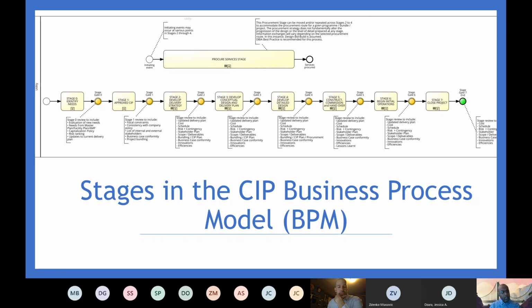Therefore, it made a lot of sense to develop the business process model as one model, even though the first 2 stages, stage 0 and stage 1, are prepared by the BCE team, and the CIP delivery is prepared by Team 2100 from the UK.